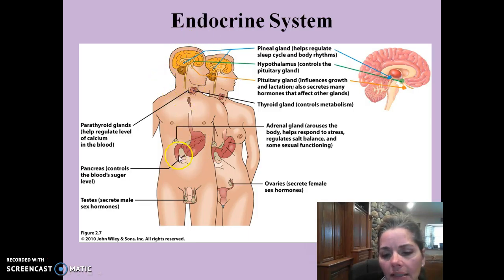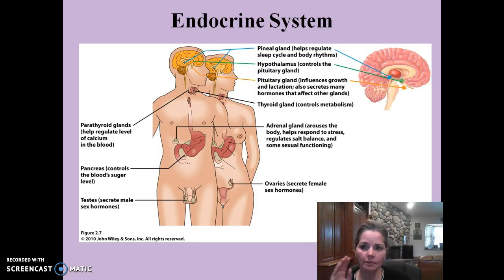Each of the glands that are part of the endocrine system releases hormones into the bloodstream. So everybody knows what's happening and what messages are being relayed by the endocrine system based on those hormone levels. The most important glands that you need to be familiar with are probably the hypothalamus, which is actually part of both the nervous system and the endocrine system.